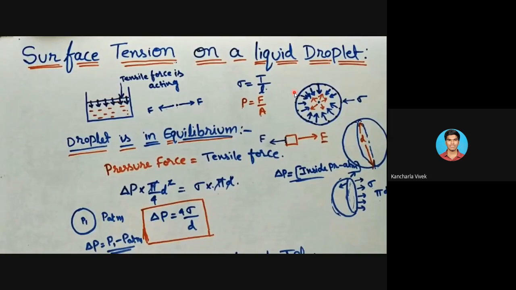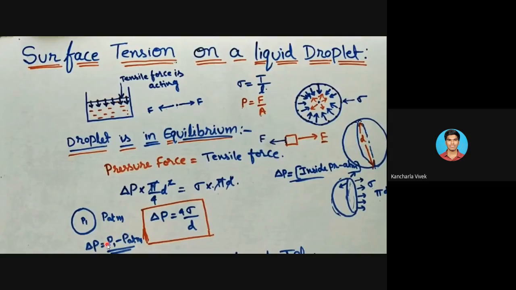So when you take the next one, sometimes in the question they might not give you delta P as a whole. They might give you the atmospheric pressure and P1. So then what do we have to do? We have to calculate delta P from the formula of 4 sigma by D. When they give these, we should calculate delta P by the formula and then add it to the atmospheric pressure.